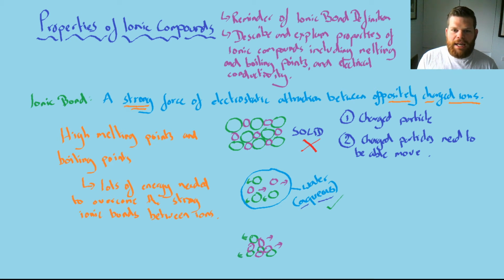So here we've got a liquid, and here too they are able to conduct electricity. So it's able to conduct electricity in aqueous and liquid states. A liquid state is also referred to as molten.